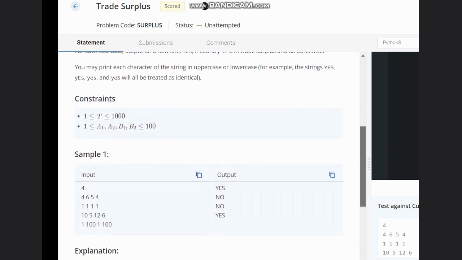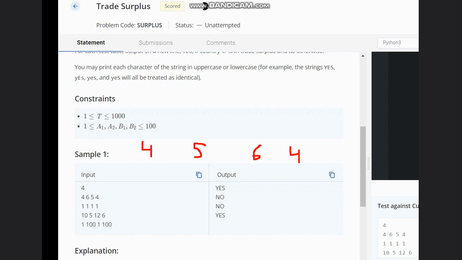So in the first test case, as we see, the exports are 4 and 5, 4 from A, 5 from B, and the imports are 6 and 4.